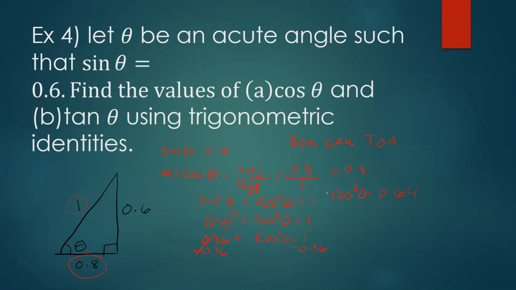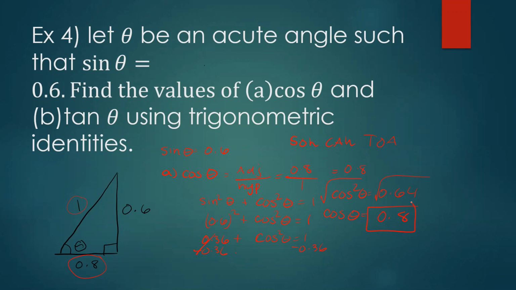And then we want to find just regular cosine theta, so we take the square root of both sides. We get cosine of theta equals the square root of 0.64, which is plus or minus. We're going to use the positive one, which is 0.8. Okay, so that's how you find part A.